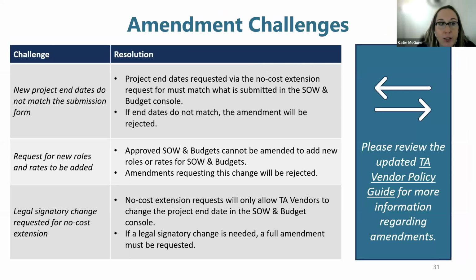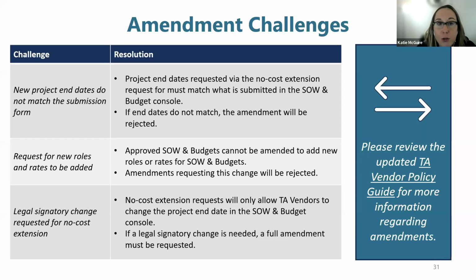So, amendment challenges. You already have an SOW that's approved, you've been working on it, and there needs to be some changes. So in submitting the amendment, there's a no cost extension or a full amendment. Some challenges that we're seeing is that once a no cost extension, for example, has been submitted and approved, when the SOW is resubmitted to us, the end dates do not match what was requested.